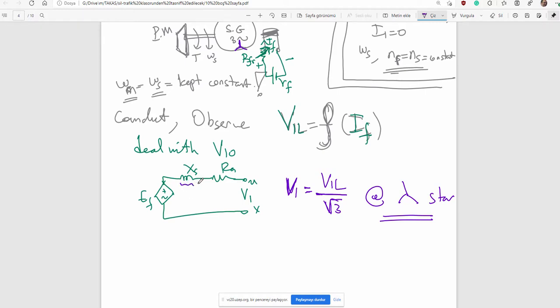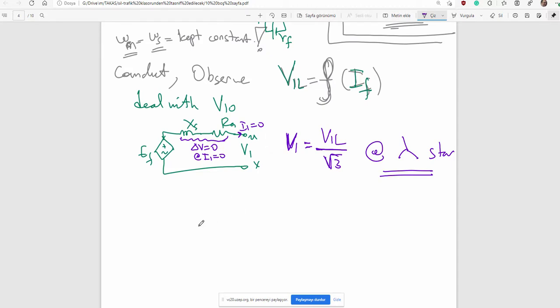Since there is no current, the voltage change across those elements will be 0. Since I1 is 0, no current flows because it is an open circuit, a no load test.